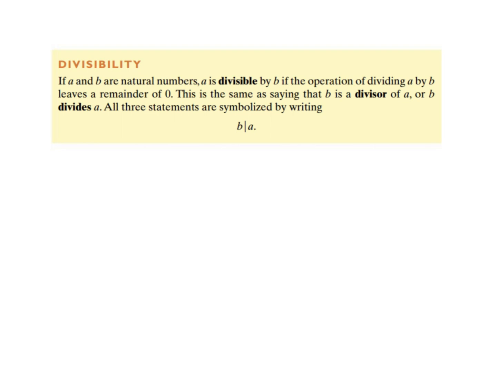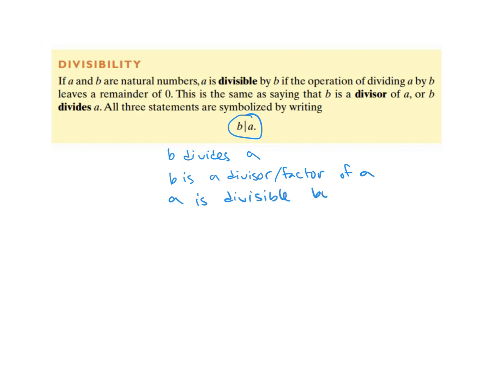This is the same as saying that B is a divisor of A or B divides A. All three statements are symbolized by writing this notation right here, B divides A. We could read that B divides A, we could read that B is a divisor or factor of A, or we could say that A is divisible by B.